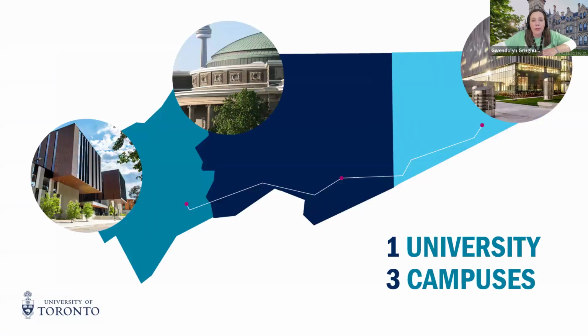At a very high level, the University of Toronto is made up of three campuses. We have the University of Toronto Scarborough campus, the University of Toronto Mississauga campus, and then our University of Toronto St. George campus, which is located downtown Toronto, and which is also where the Daniels faculty is located.